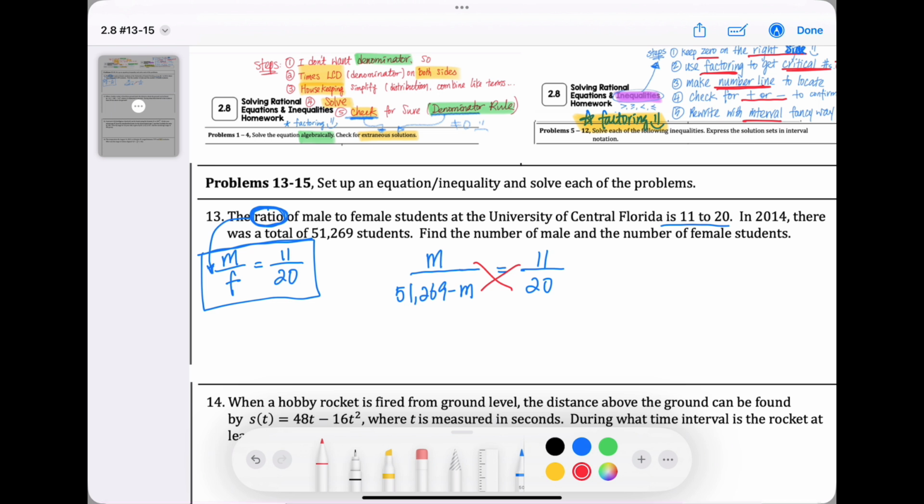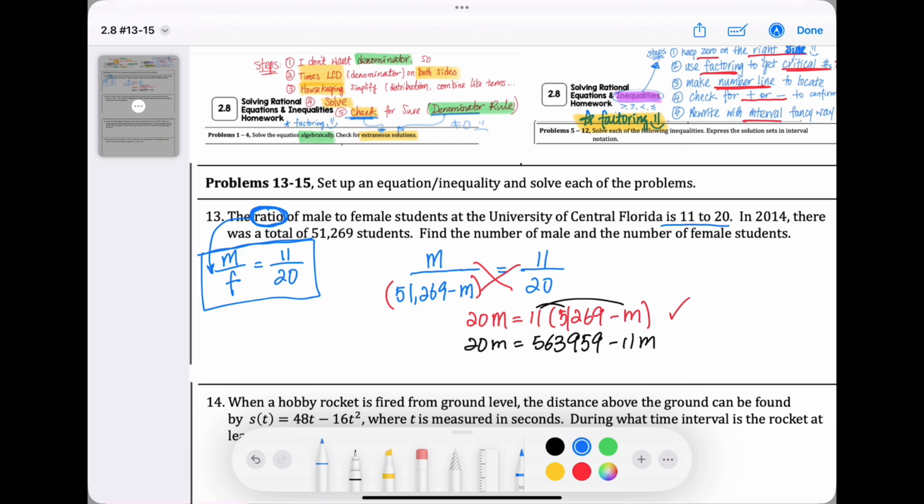So that gives us 20 times M is equal to 11, put a parenthesis because they are the family, 51,269 minus the M. Housekeeping, distribution, so 11 times that. I still have 20M equal to 11 times this big number. I'm going to use a calculator. So about 563,959 minus the 11M.